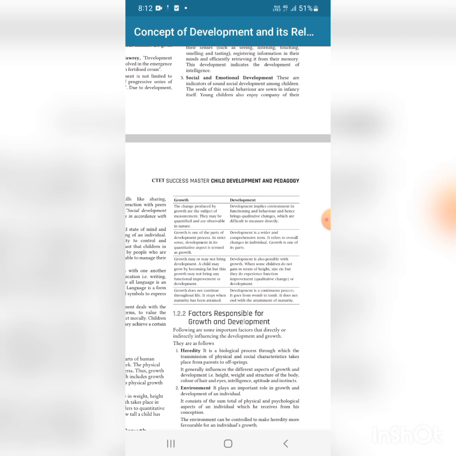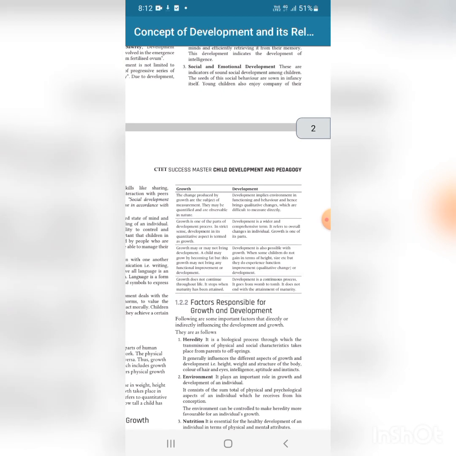They may be quantified. For example, the weight of a person may be 50 kilograms, thus it is a quantified identity. Whereas development implies the functioning and behavior of a person or how he perceives things, thus bringing out the qualitative changes which are difficult to measure.